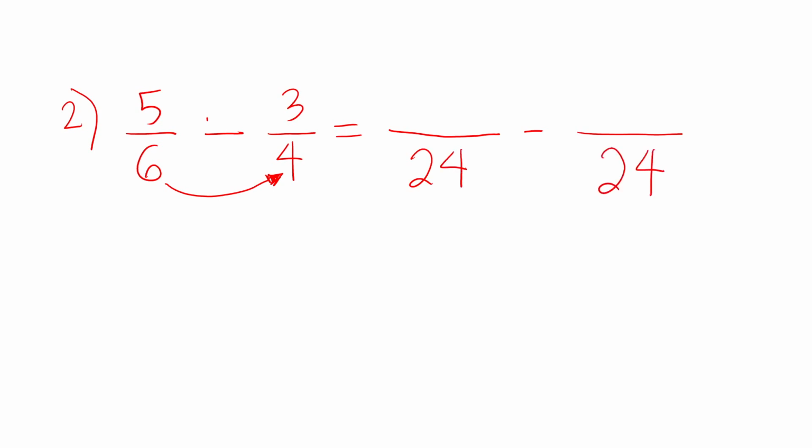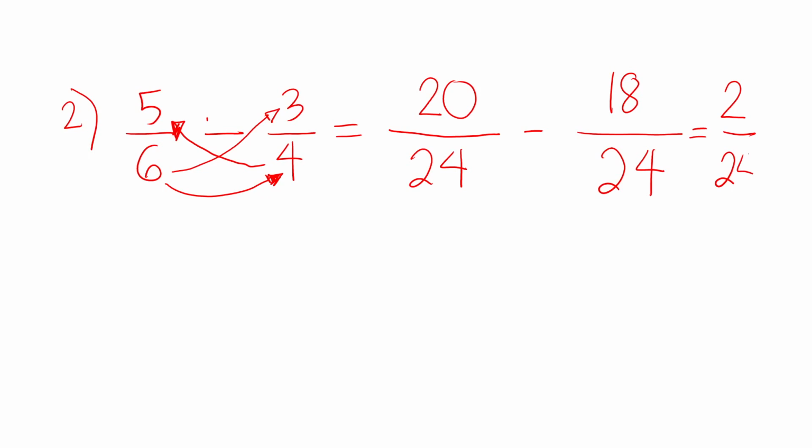Then, I will multiply this dito pila? 20. I-multiply na ko dire pila? 18. O, pila man ang 20 minus 18? 2 over 24. Pwede man ma-simplify ang 2 over 24? Pwede. Divided by 2. Divided by 2. Pila man ni?